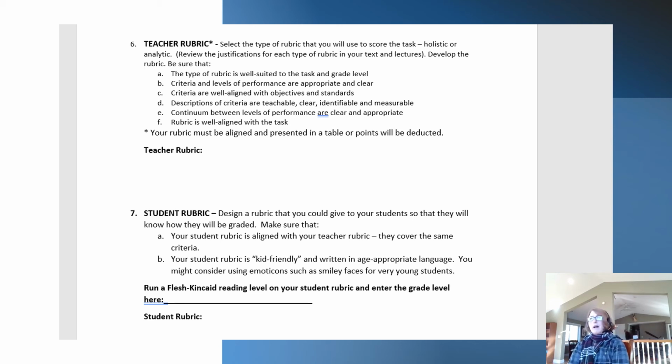The most common mistake that students make when they're designing their teacher rubric is they don't, well, two common mistakes. They don't clearly distinguish between those two levels, or they weight the levels too much towards things that aren't content oriented.